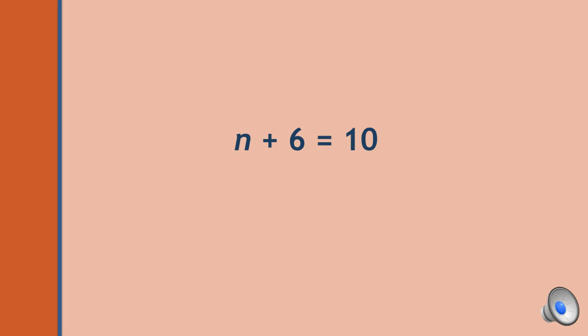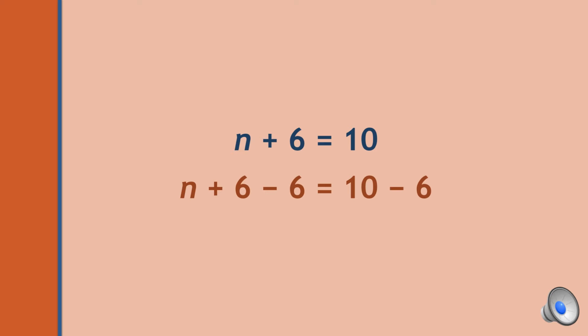Let's start by solving this equation. Again, we have n plus 6 equals 10. The first thing you need to do is determine what operation is being performed on the variable. In this case, 6 is being added to n. So we're going to do the inverse, or opposite operation, which is subtraction. So n plus 6 minus 6 equals 10 minus 6.